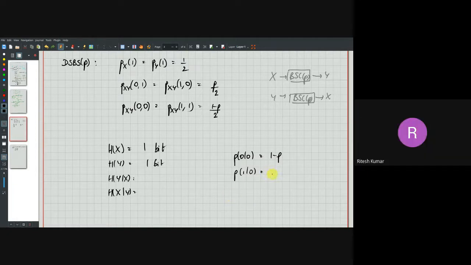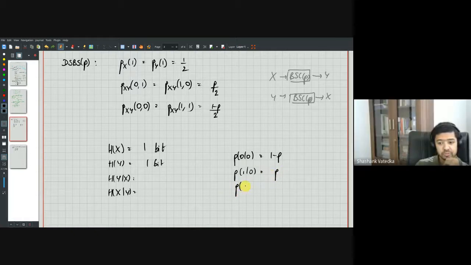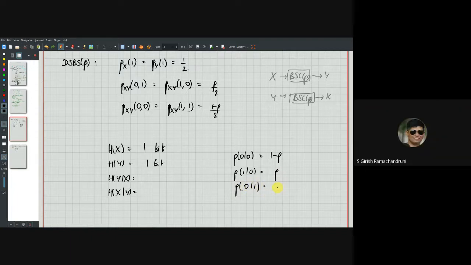What is P(0|1)? Again it is p. And 1 minus p.